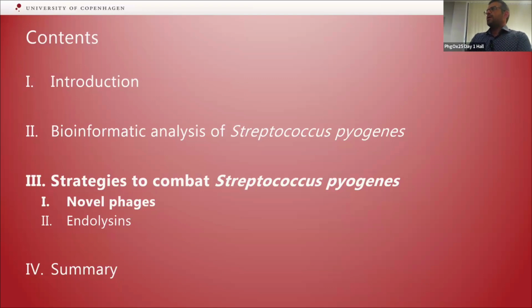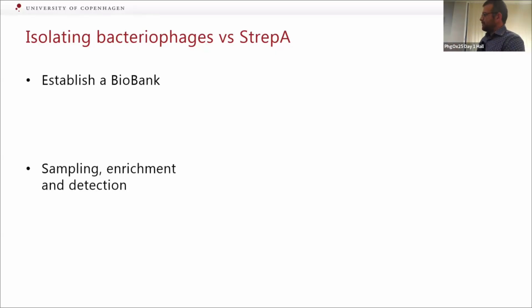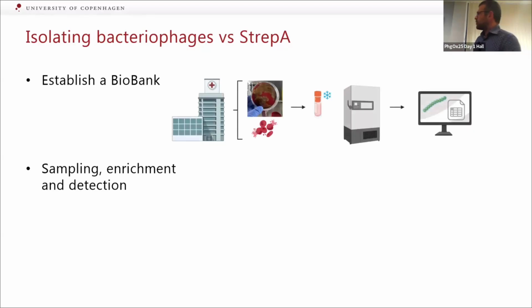In the literature, we have seen that most of the phages used come from quite a long time ago, but we wanted to build our own database, establish a biobank, and also sample in order to find phages. So we have been collaborating with hospitals, getting clinical strains from necrotizing soft tissue infections to build our own biobank, and we already have several of them.